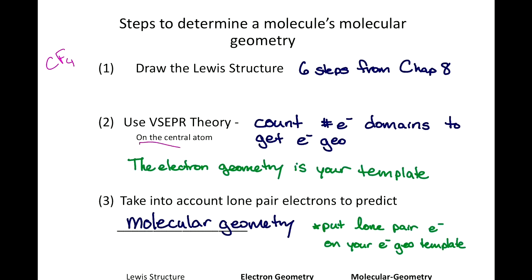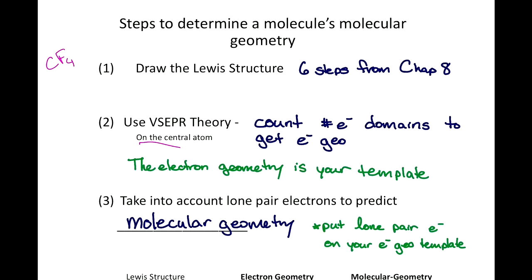We usually use VSEPR theory on the central atom. And so around that central atom, you want to count how many electron domains you have, depending on how many bonds and how many lone pairs are directly attached to that central atom. And from that electron domain number, you can get your electron geometry, and that is your template.